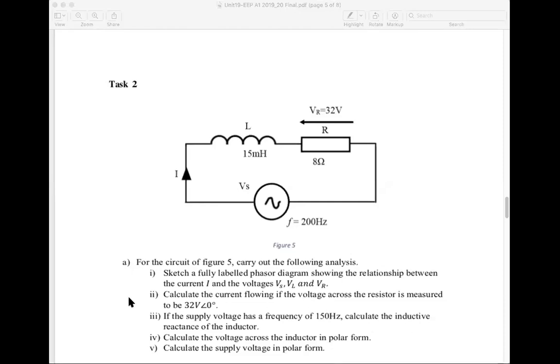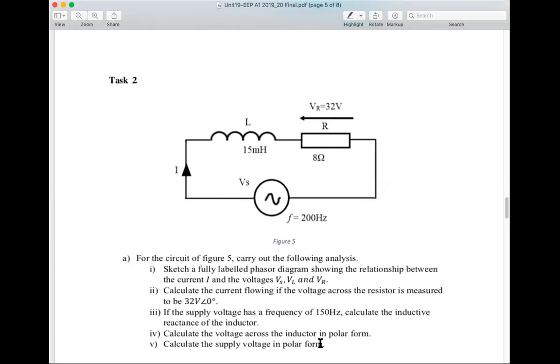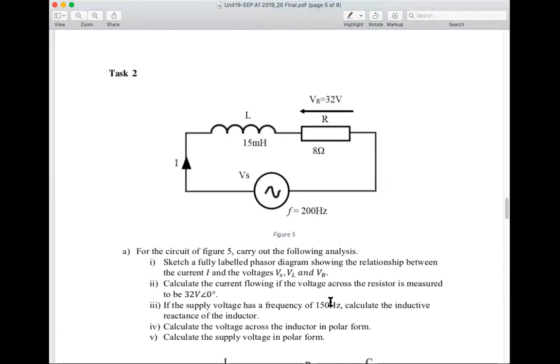For task 2A-V, calculate the supply voltage in polar form. Is that with 200 hertz or 150 hertz as stated in the question?